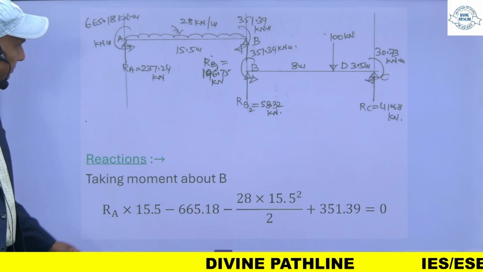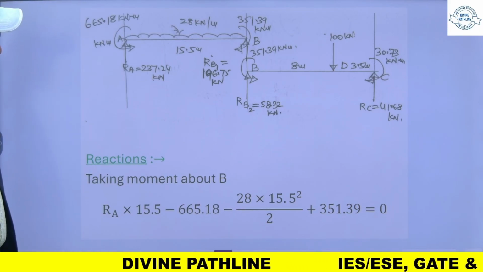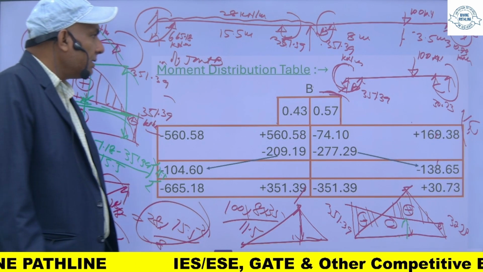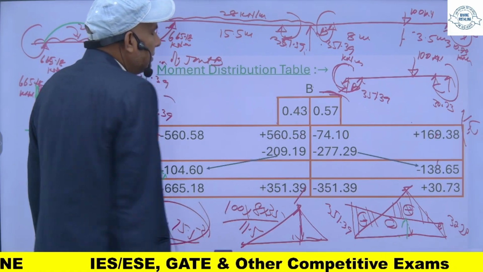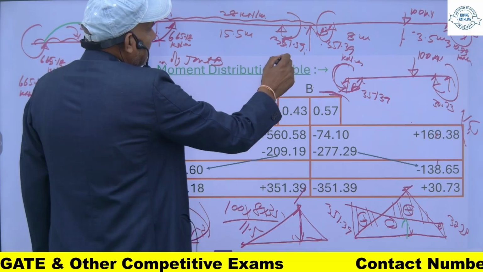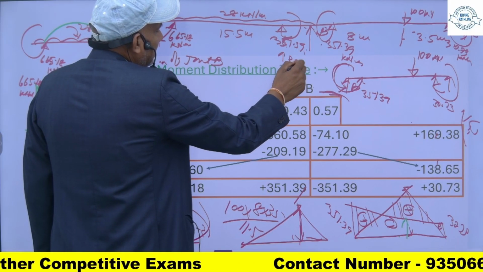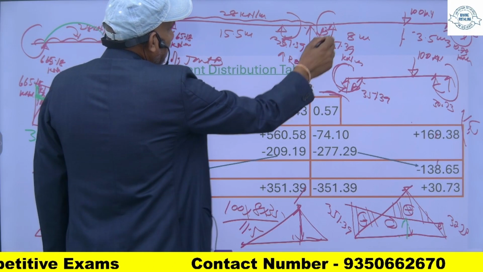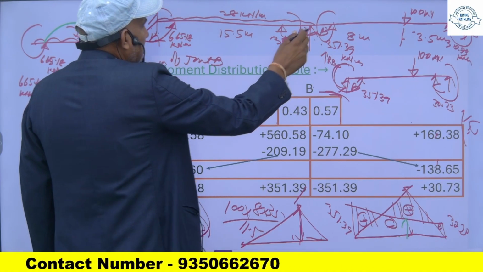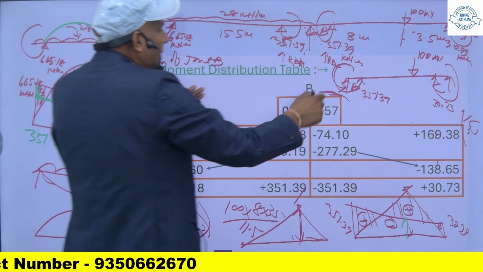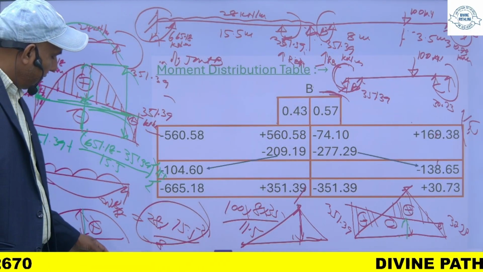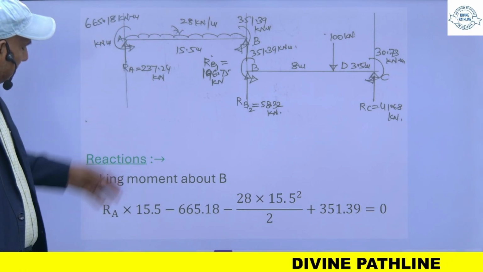Now if you find the reactions, then the reaction at this portion will be of two parts. One, for this portion, is RB1, and for this portion it will be RB2. So the total reaction RB is equal to RB1 from this side and RB2 from this side. So if you draw the free body diagram, it will be like this.